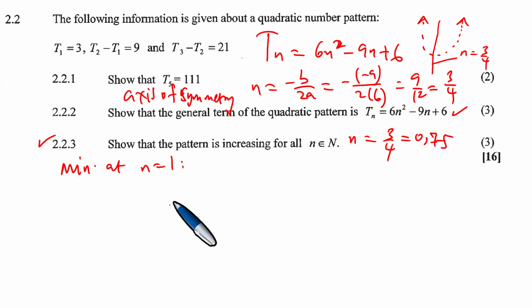If n is 3/4, what then do you think of this? We need to realize that at this point you're going to have a minimum, but n itself is not an integer.